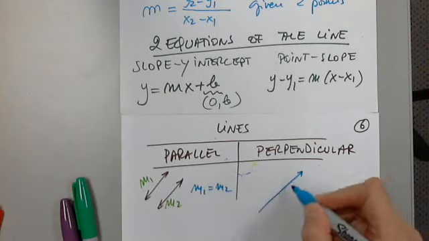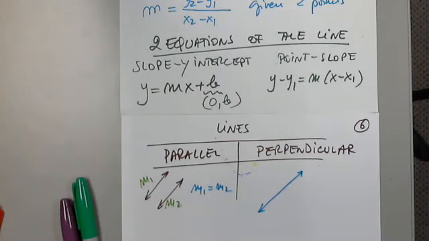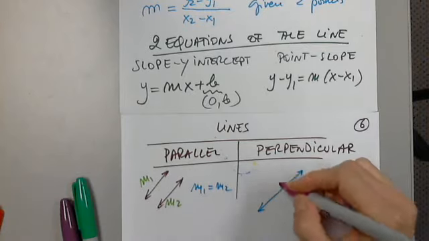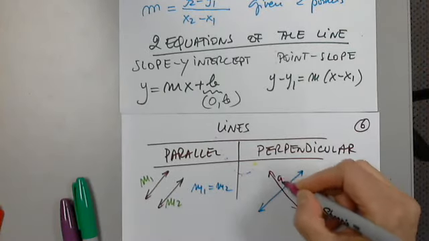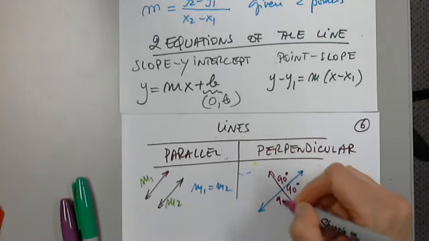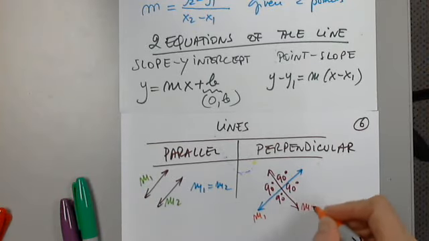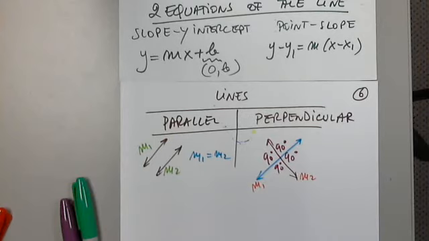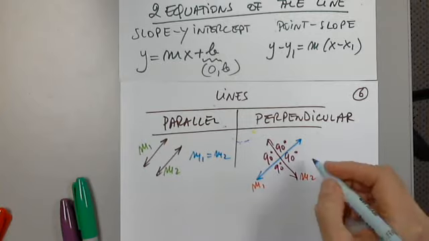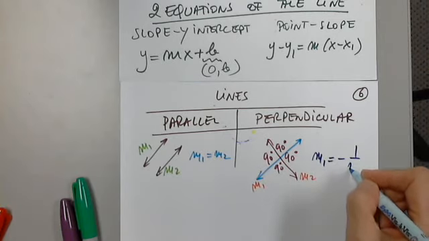Now let's imagine that we have two lines that are perpendicular. Two lines are perpendicular if they form 4 90-degree angles. Let's say the first one of the lines has slope M1 and the second one M2. If the lines are perpendicular, what will be the relationship between those two slopes? Negative multiplicative inverse.